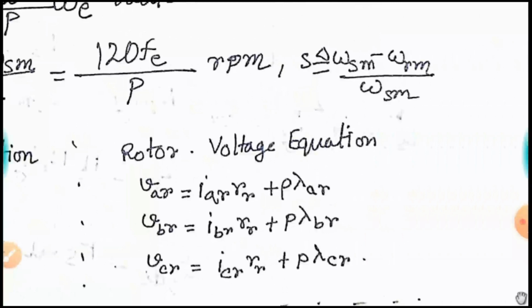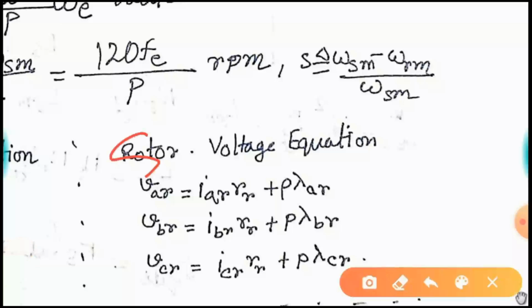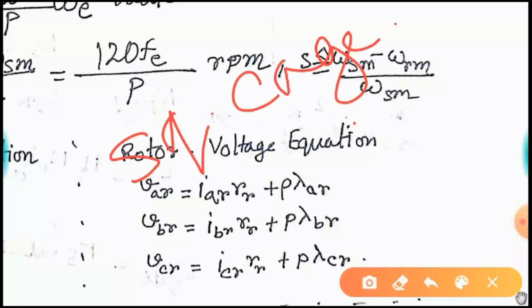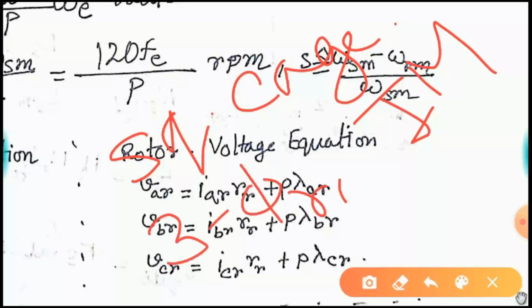Similarly, following the same philosophy, we can write the rotor voltage equation also. Here one thing I would like to mention: in the case of a squirrel cage induction motor, there is no need for a three-phase rotor.